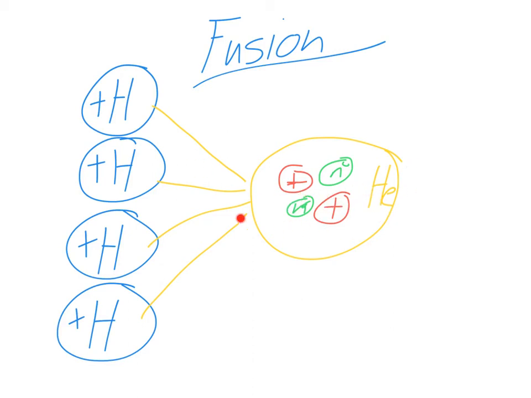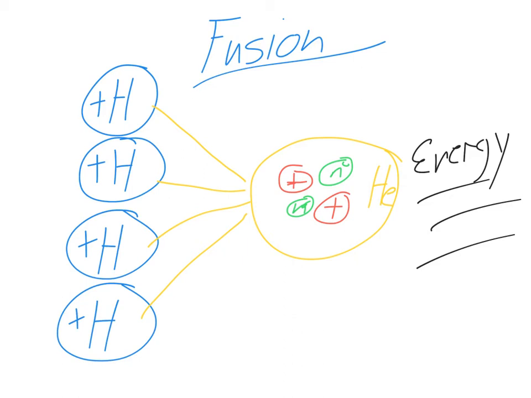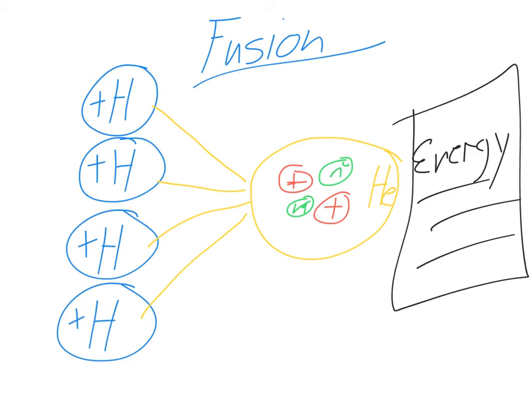But it's not all that happens. In this fusion, we also get a tremendous amount of energy. Woo! And that's actually what we see as light. So we end up getting this tremendous amount of energy coming out of it, and it's what powers our sun.